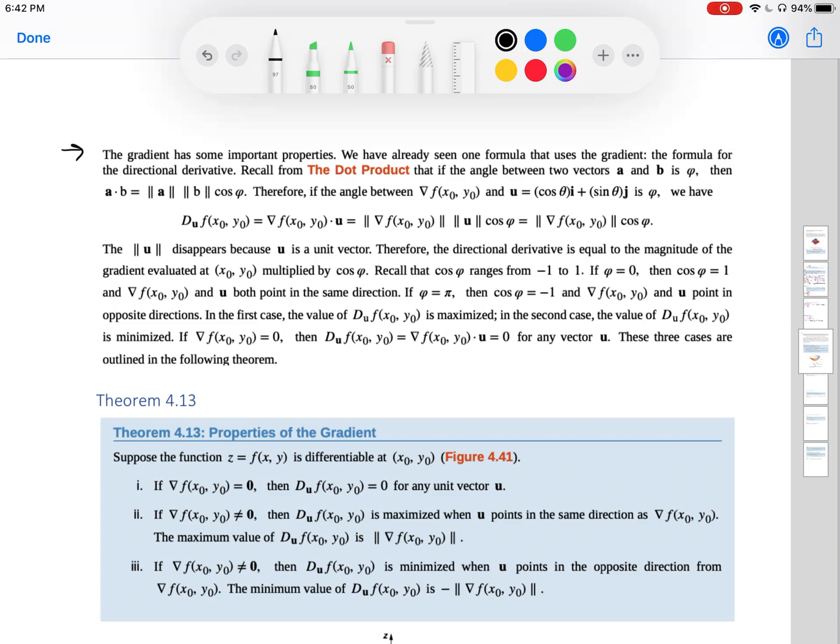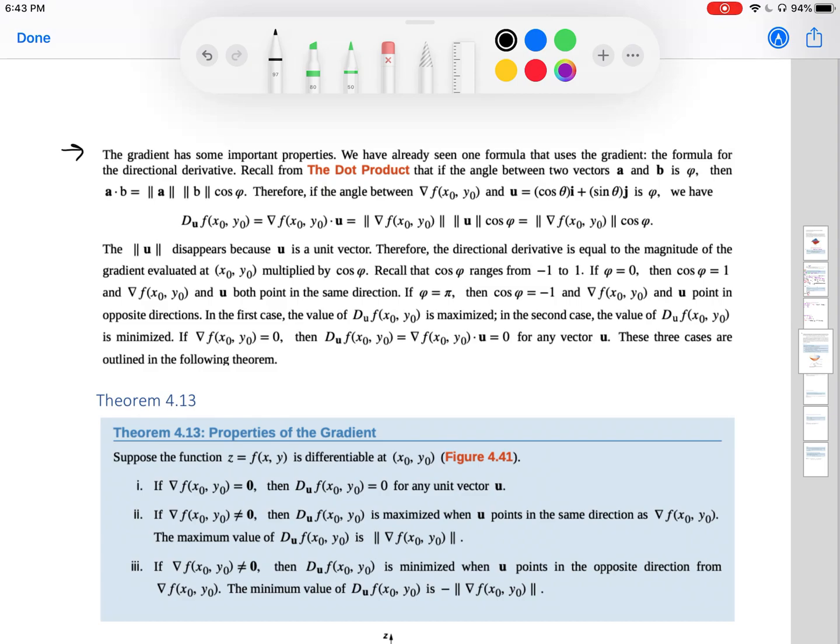That is equal to the magnitude of del f of x naught comma y naught times the magnitude of u cosine phi, which equals the magnitude of del f of x naught comma y naught cosine phi. The magnitude of u drops out because u is a unit vector. Therefore, the directional derivative is equal to the magnitude of the gradient evaluated at the point x naught comma y naught multiplied by cosine phi.